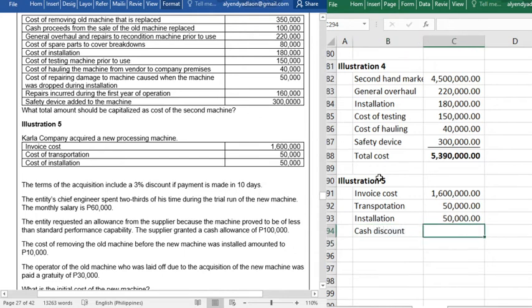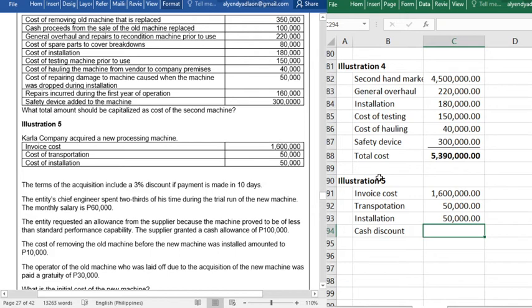Regardless of when paid, we must deduct the cash discount. Now, if ever the cash discount was not actually availed, then it will be presented as a purchase discount lost. Okay? And, of course, we have to deduct it as a cash discount in our machinery. Okay? So, that is 3%.